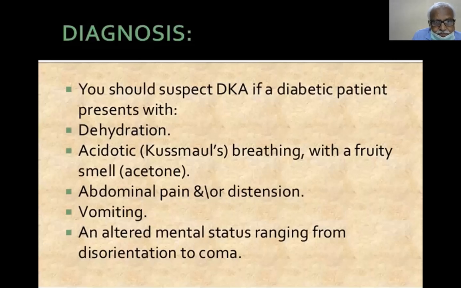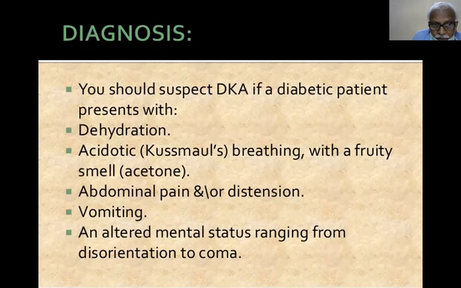Remember this. You should suspect diabetic ketoacidosis if a diabetic patient presents with dehydration, acidotic breath, Kussmaul's breath with a fruity smell, acetone breath, abdominal pain or distension, vomiting, or an altered mental state ranging from disorientation to coma.